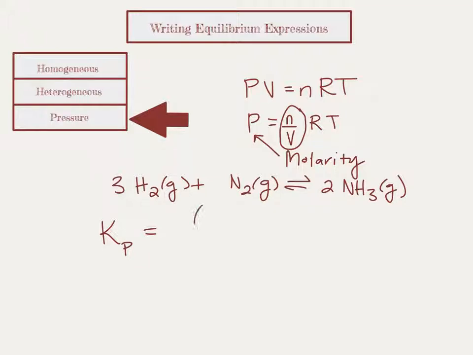We can write that using parentheses for pressures, by using a large P to indicate a partial pressure, and the subscript of the chemical itself so that we know which partial pressure we're talking about. You still need to follow the pattern of using the stoichiometric coefficients as the exponents.